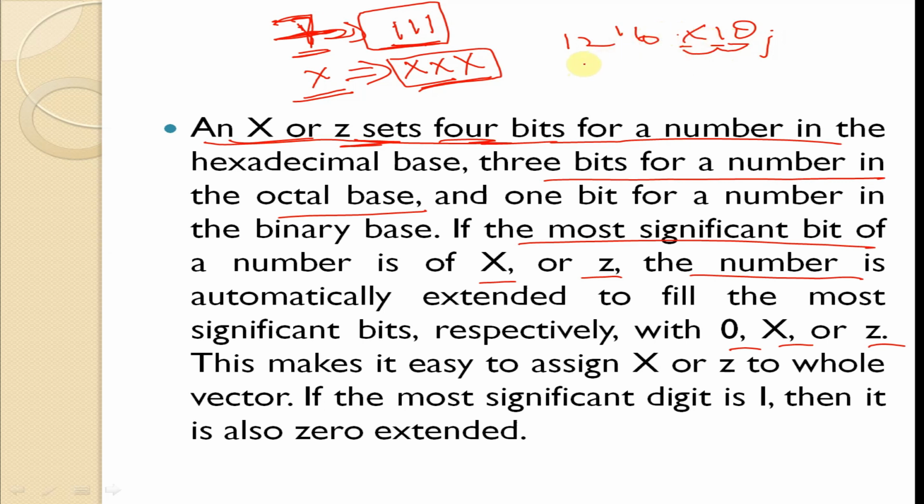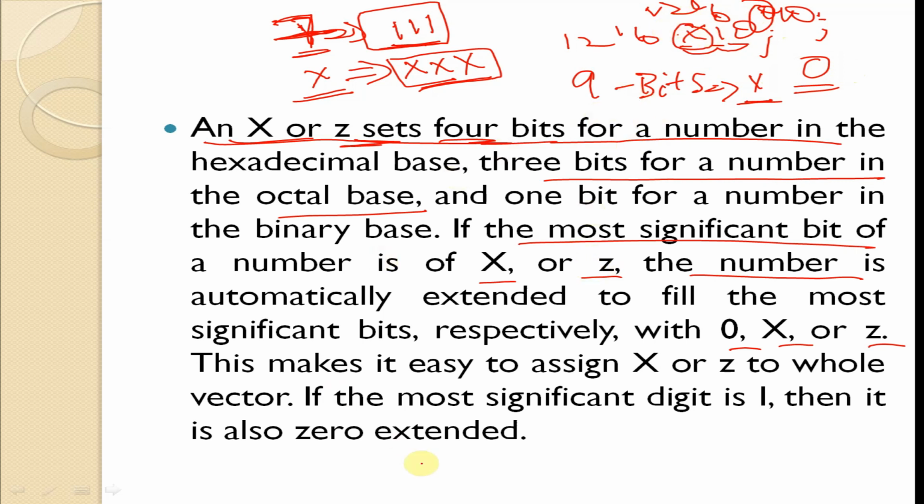The remaining 9 bits will be filled by unknown by the simulator, since the MSB is unknown. If we have written 12 tick binary 010, then the remaining 9 bits will be filled by 0. Since the MSB is 0, the simulator will fill remaining bits by the MSB. If it is unknown, the simulator will fill the remaining bits by unknown.